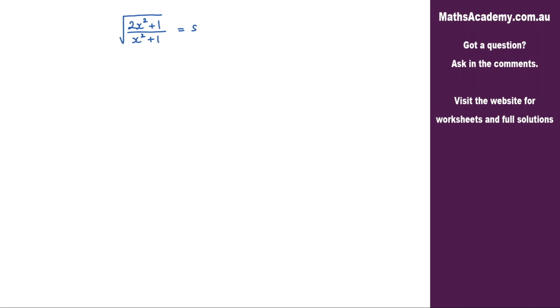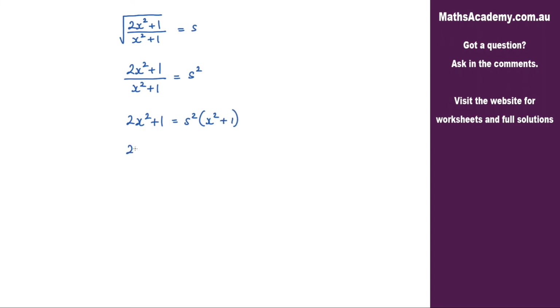On to question 6, and the first thing we need to do here is to eliminate that square root by squaring both sides. So we'd have 2x squared plus 1 over x squared plus 1 is equal to s squared. I can then multiply both sides by x squared plus 1 to eliminate this denominator here. So I'd have 2x squared plus 1 is equal to s squared multiplied by x squared plus 1.